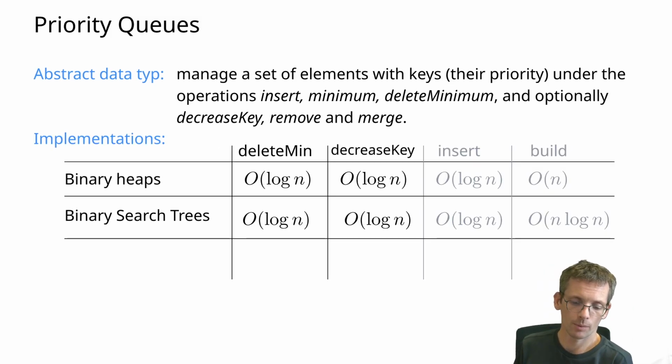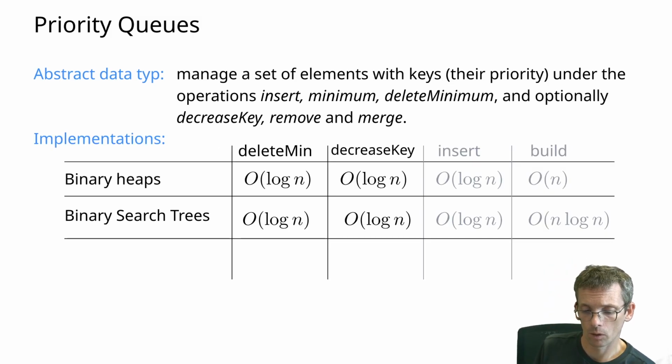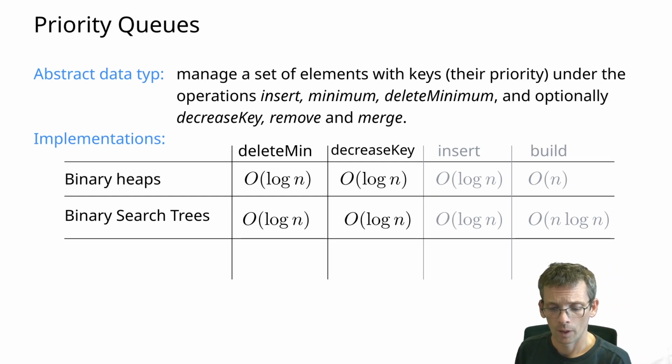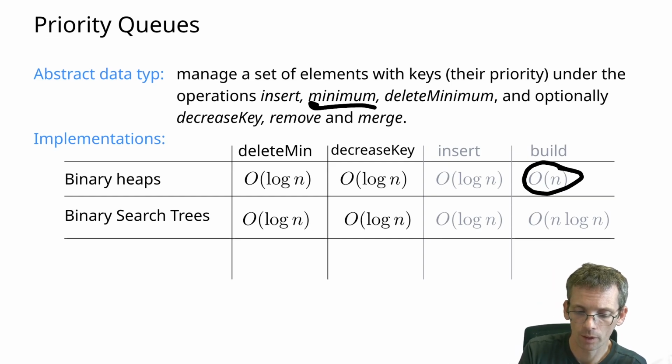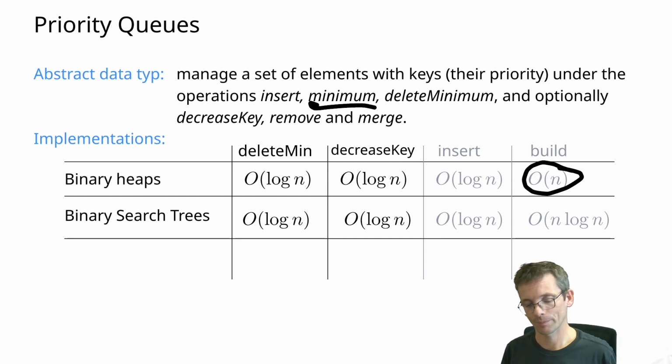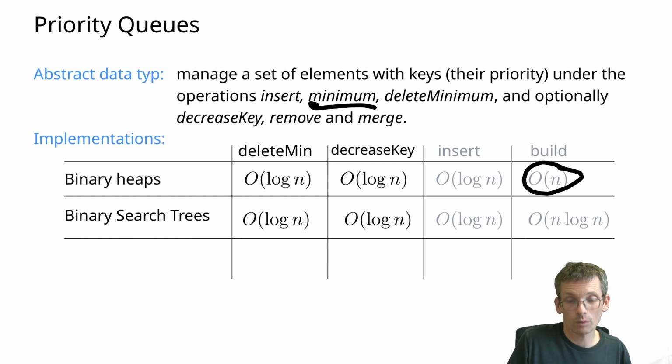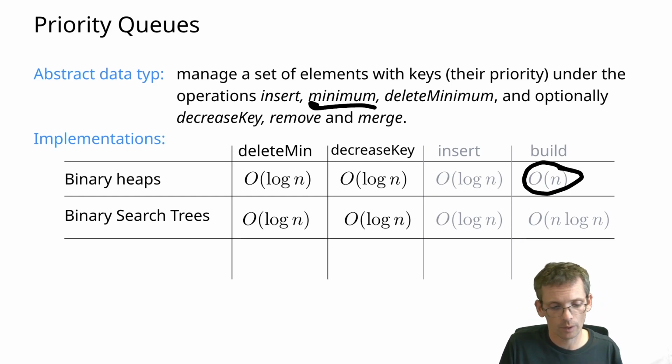For binary heaps, all of those are in O of log n time. Actually, if I insert everything at the same time, then I'm building the heap, so I can do slightly more efficient. The operation that is especially fast in binary heaps is finding the minimum, which we can do in O of 1.